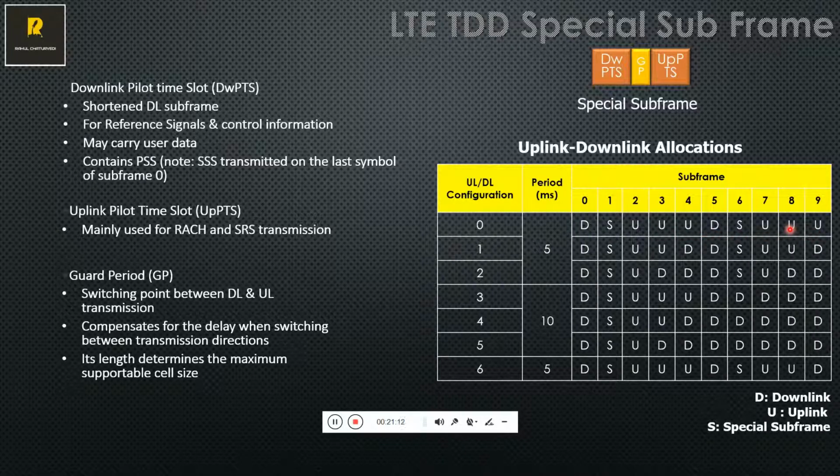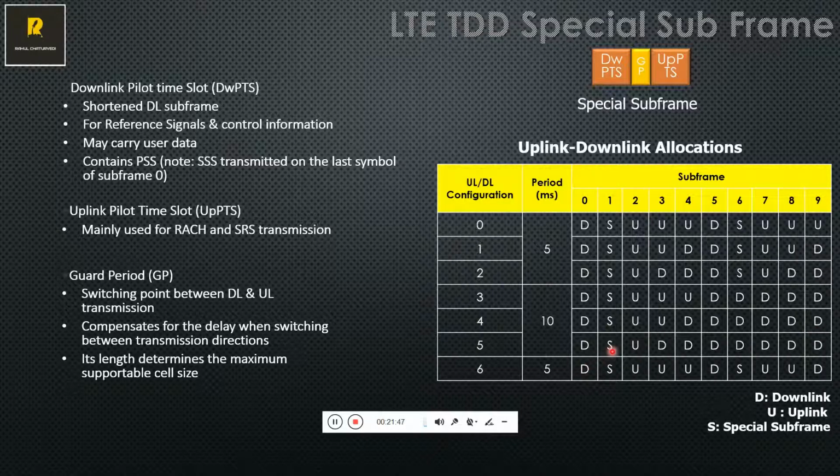That means it keeps repeating after every 5 ms. And when we look at the 10 ms duration, this whole 10 ms works as a unique one. It does not keep repeating DSUUU, and the rest of them are just used for downlink. Same is the case for type 4, DSUU, and the rest of them are just for downlink.